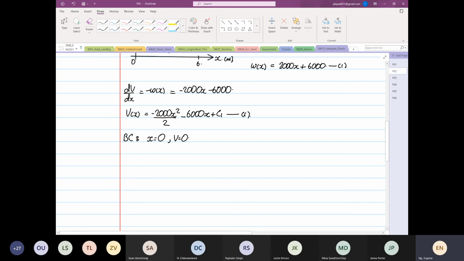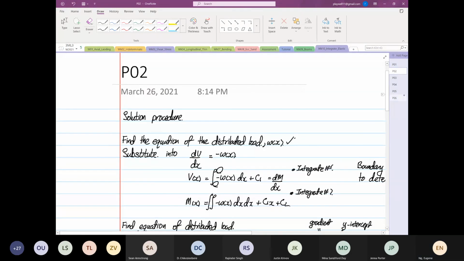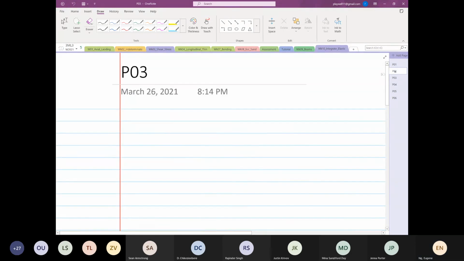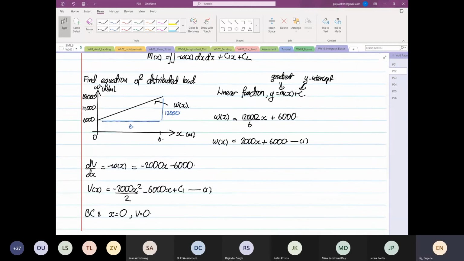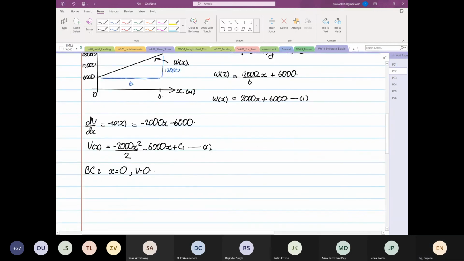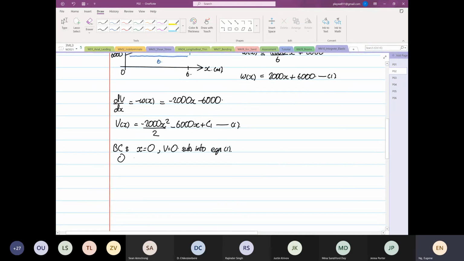So from here, you substitute into equation 1. So you have 0 equal to 0 minus 0 plus C1.